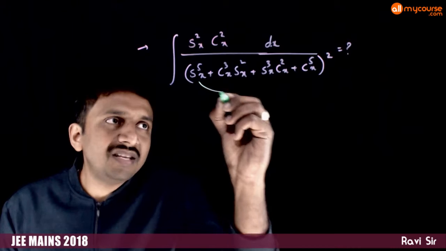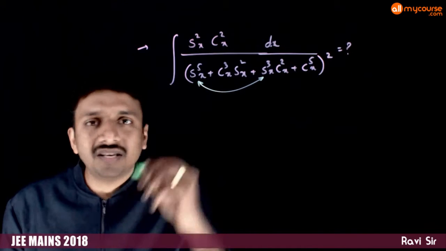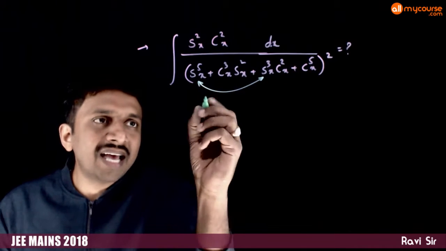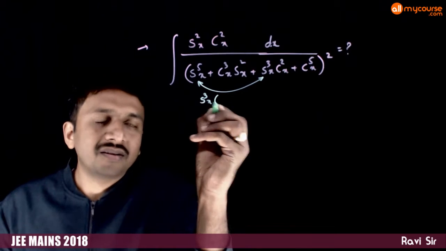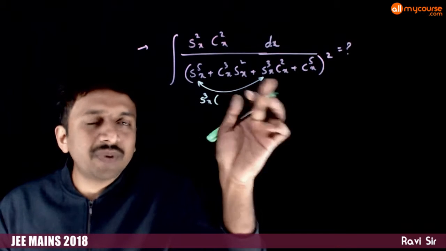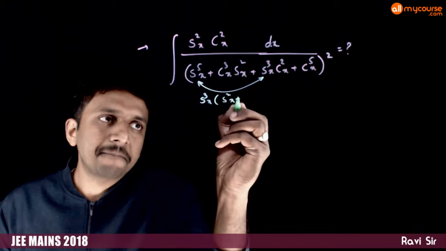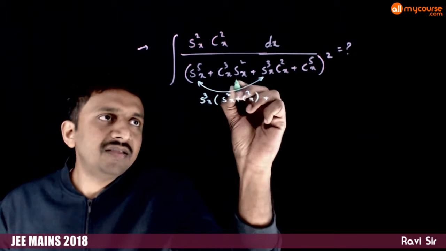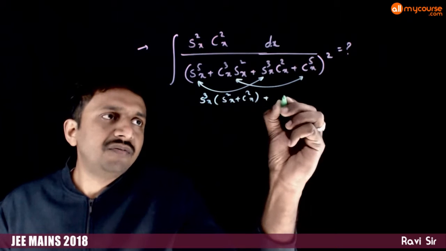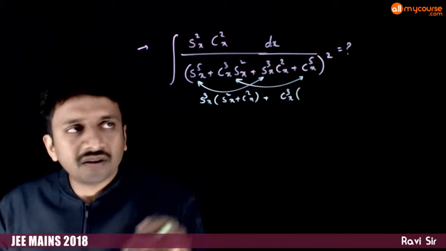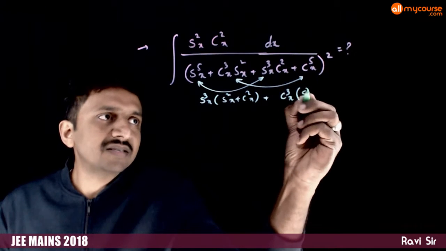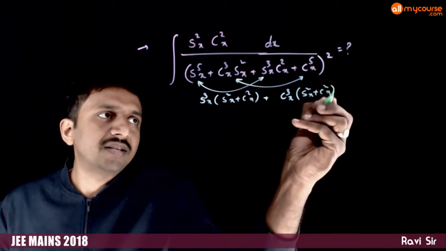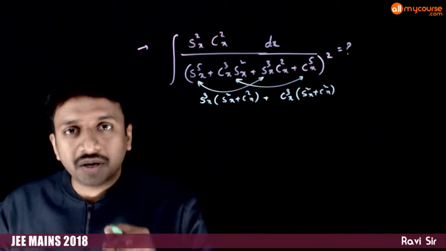If you see these two terms, if you take sin³x as common, you get sin²x + cos²x, which you know as 1. And in these two terms, if you take cos³x common, you get sin²x + cos²x, which is again equal to 1.